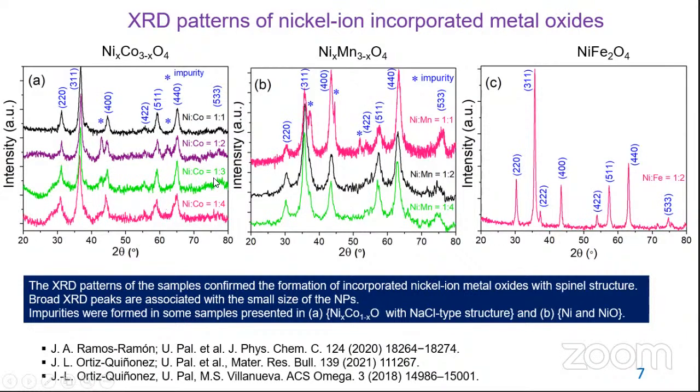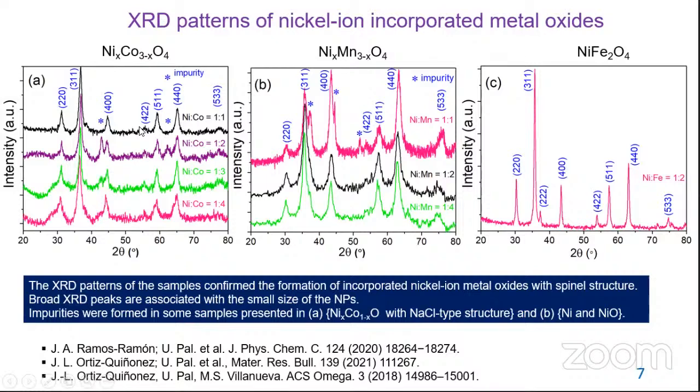When we increase to 1:3 nickel cobalt ratio, the same peaks appear with slightly increasing intensities. But when the nickel cobalt ratio is 1:2, apart from these peaks, there appear several other peaks like here.